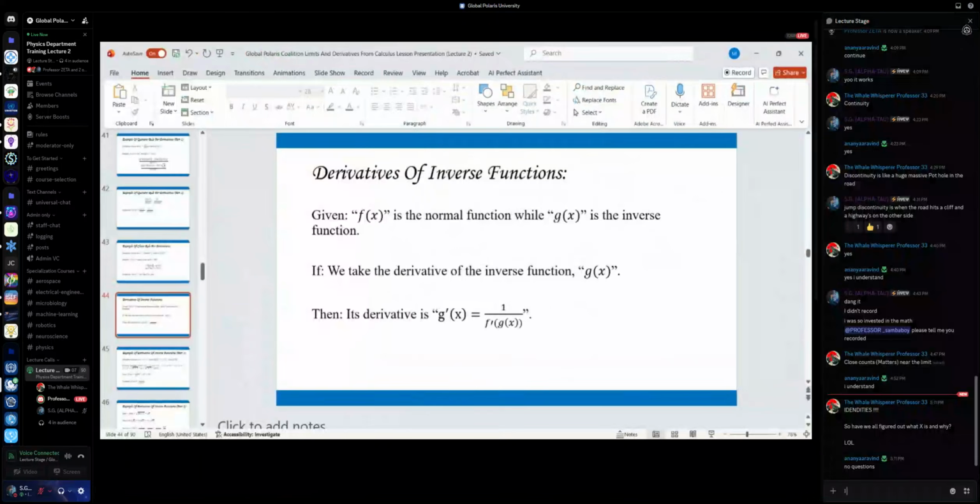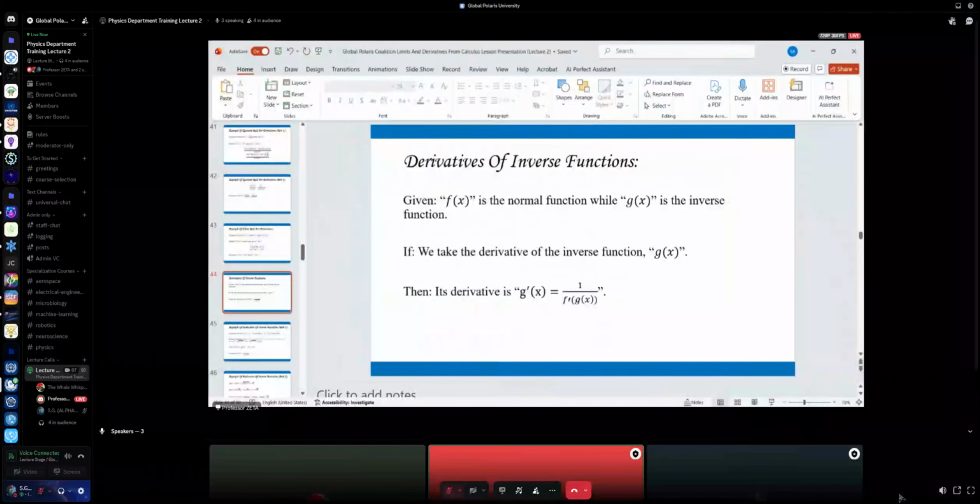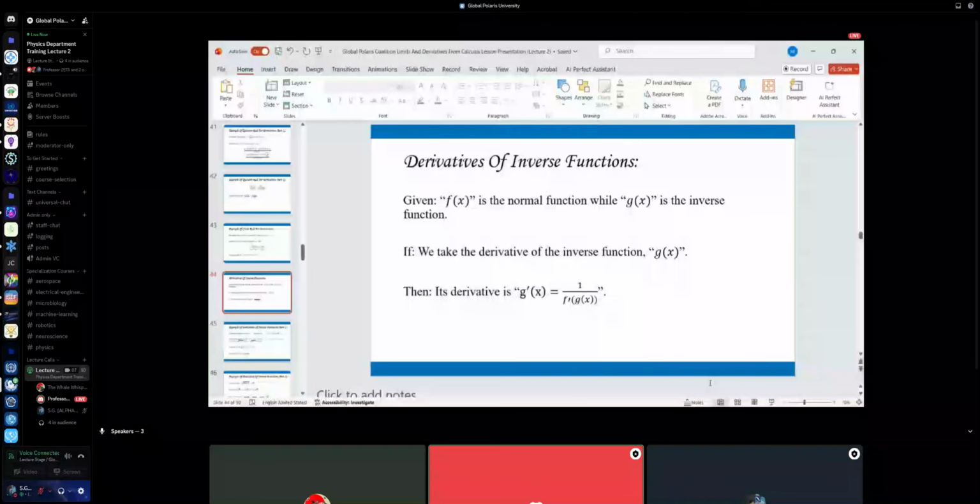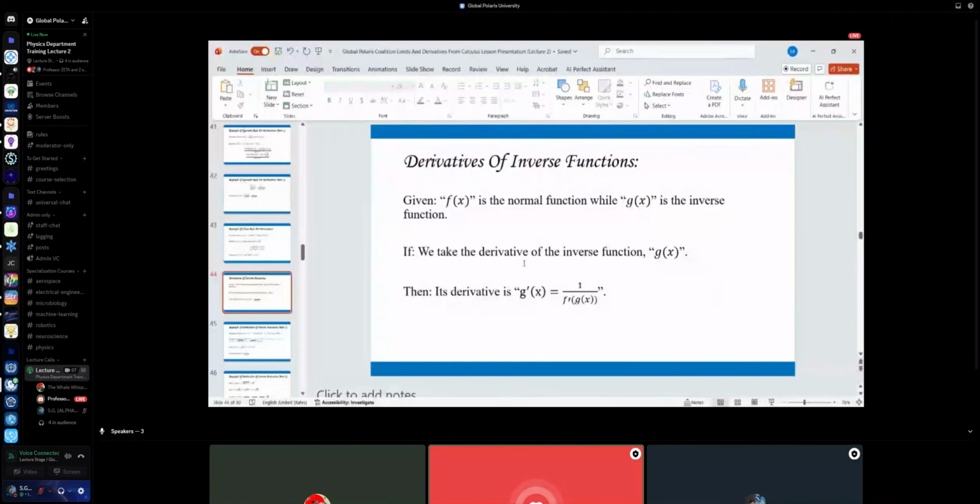So derivatives of inverse functions. This is also a little bit more complicated, similar to the IVT I told you for limits. This is a little bit more practice you need to do. So let's say f of x is a normal function and g of x is the inverse function. Remember we learned in our first lecture that for inverse functions the domain and range are swapped between the normal function and inverse function.